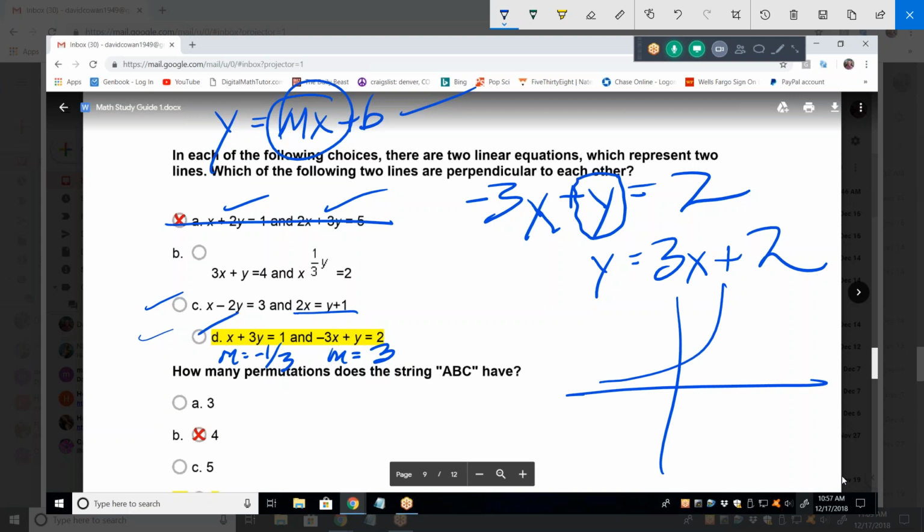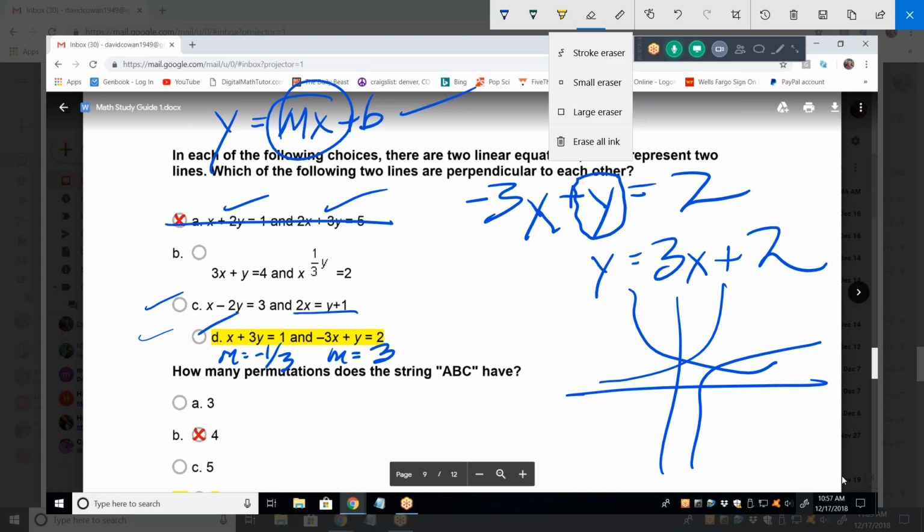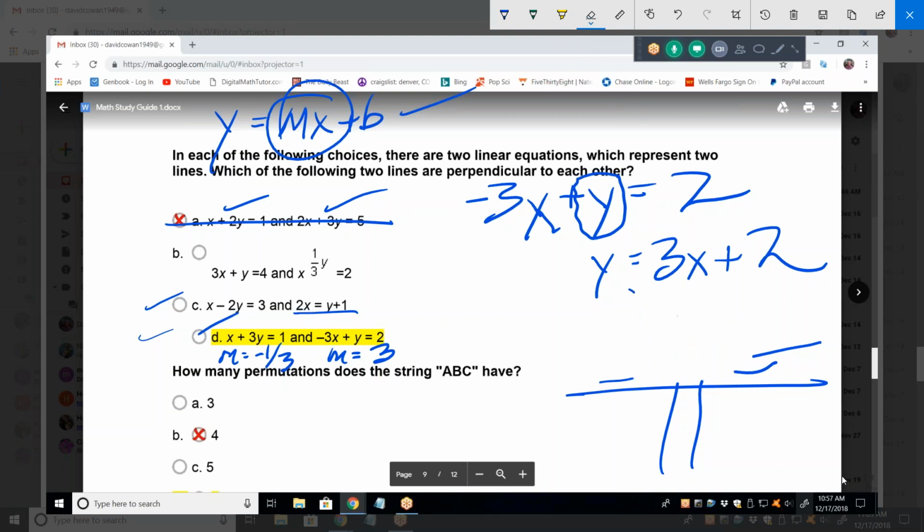Exponentials are like this, or like this, or like this. They're curved lines. Curved lines don't have a slope. So when they're talking of a slope on a linear equation, you have to have straight lines. And exponential expressions do not produce straight lines. So that's why we'd be able to immediately rule that one out.